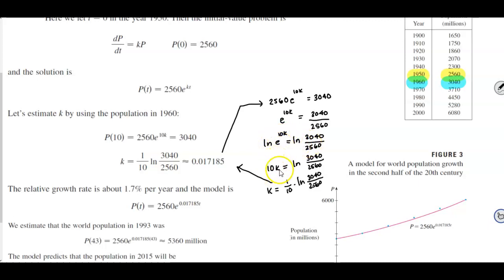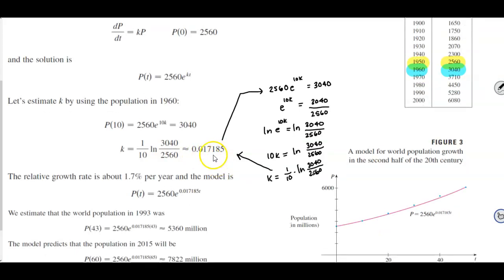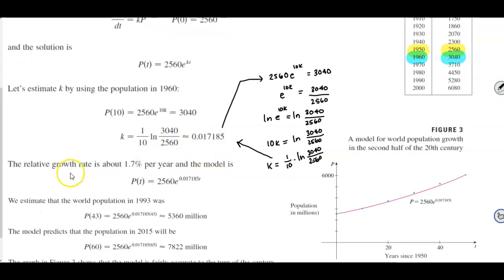So we end up with 10k, which is equal to the natural log of 3,040 divided by 2,560, and therefore k is going to equal 1/10 times the natural log of 3,040 divided by 2,560, which gives us approximately 0.017185.